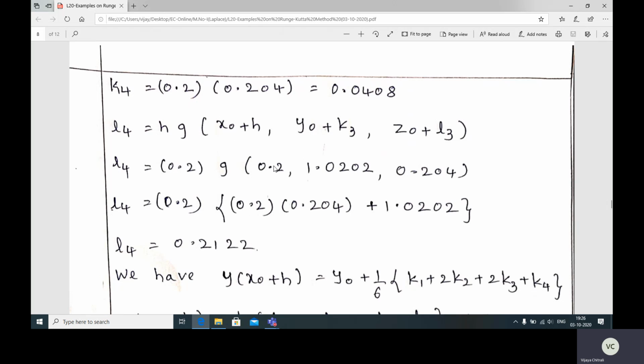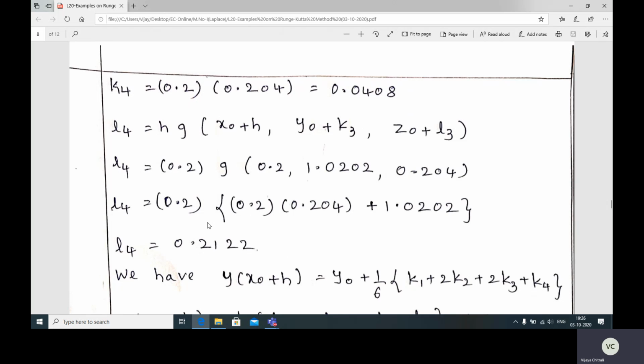So x0 plus h is 0.2 because 0 plus 0.2 is 0.2, y0 plus k3 is 1.0202 and z0 plus L3 is 0.204, because we have calculated it while finding K4. g of x, y, z is xz plus y. x is 0.2, z is 0.204, plus y is 1.0202. So calculate and simplify, multiply with 0.2, we get 0.2122.